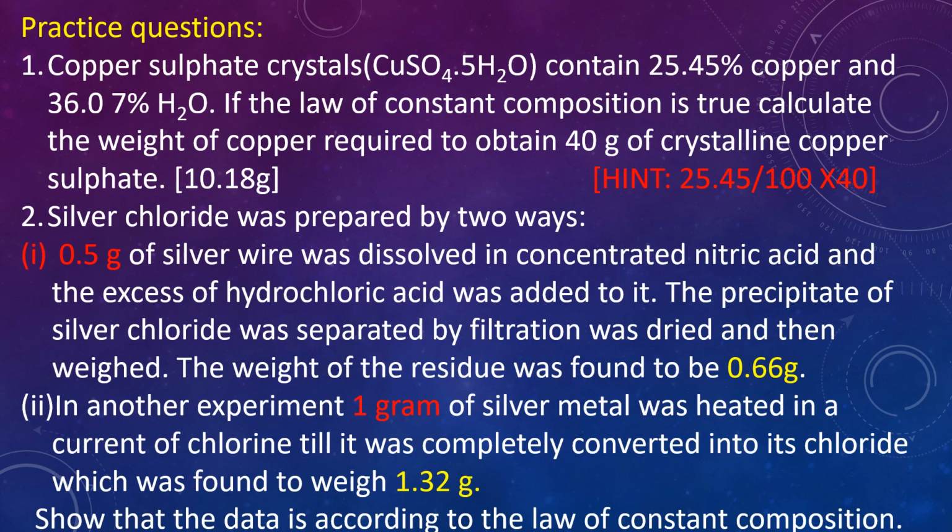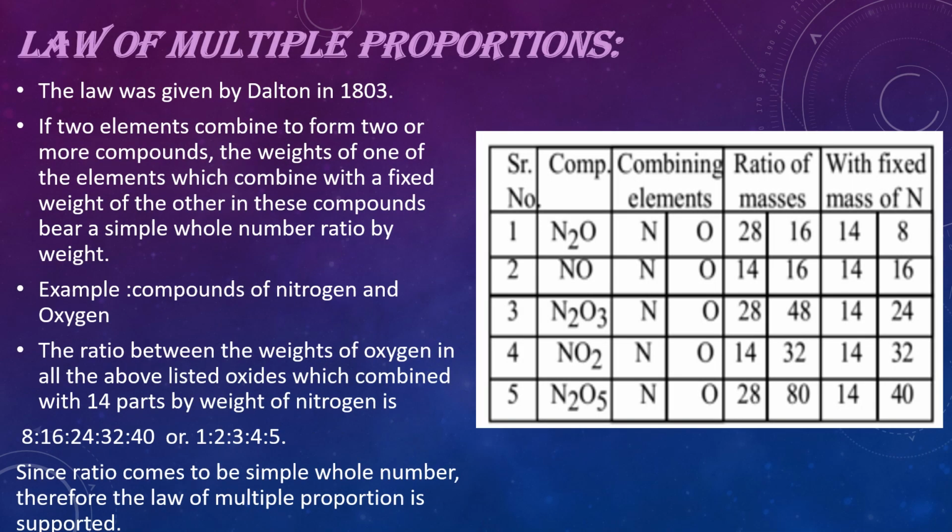Similarly, in the second experiment, we deduct 1 gram from 1.32 gram and we get 0.32 gram, against 0.16. Now if we find out the ratio of silver and chlorine in both experiments, it will be the same. So again, the law of constant composition is proved. Try these questions and if you have a problem, give me in the comment section.